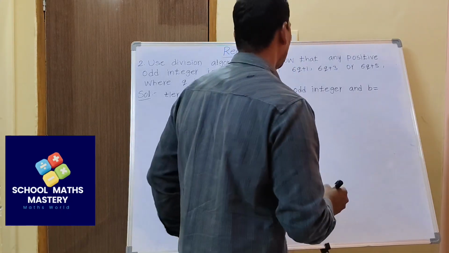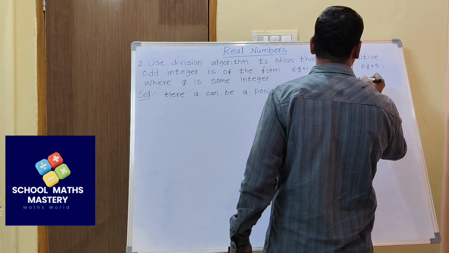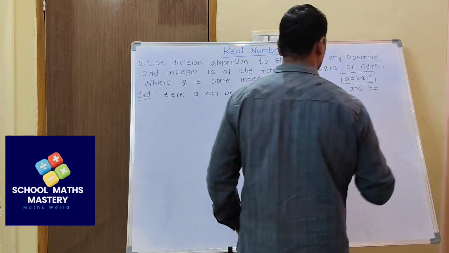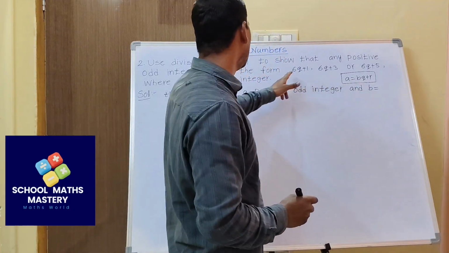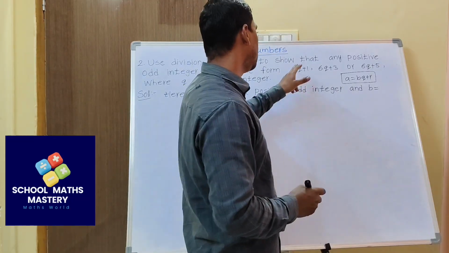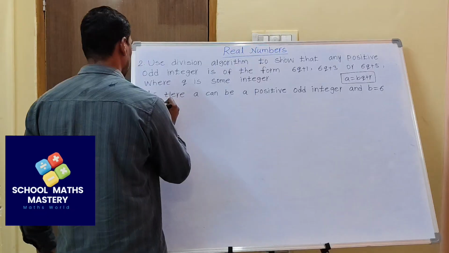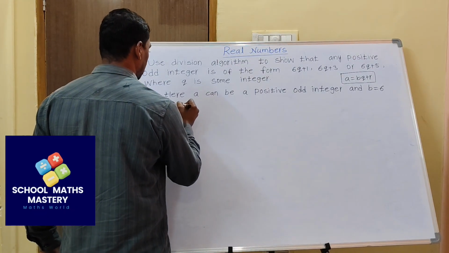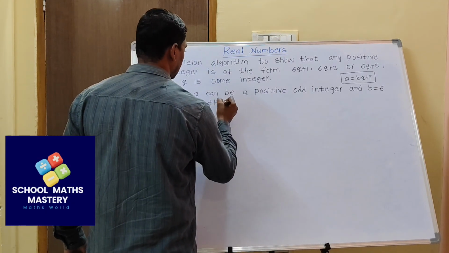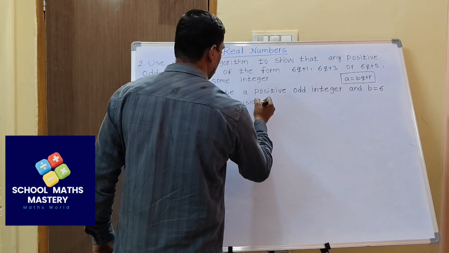Look here, our Euclid's division formula: a equal bq plus r. Here b is 6, 6q plus 1, 6q plus 3. So b is 6. We apply the division algorithm.